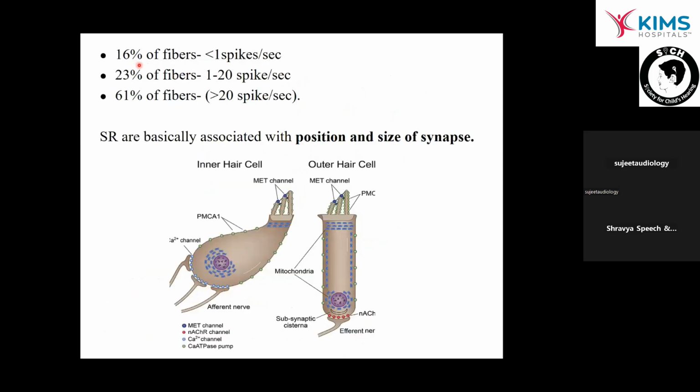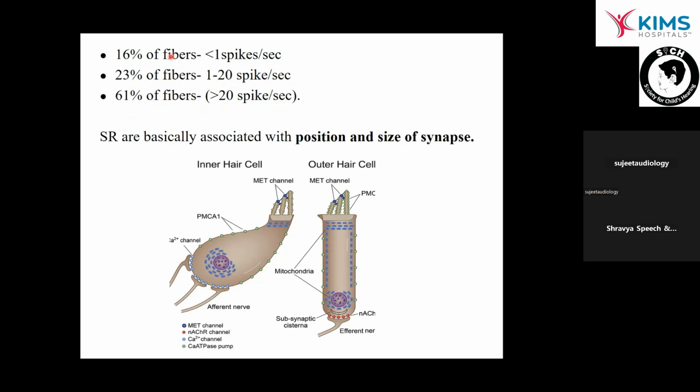Now, 16% of the total fibers are less than 1 spike per second. 23% of the auditory neuron fibers are 1 to 20 spikes per second, and 61% of the fibers are greater than 20 spikes per second. So this is your highest spontaneous rate fiber, and these are called low spontaneous rate fibers. Now remember, low spontaneous rate fibers have high thresholds, and high spontaneous rate fibers have low thresholds.